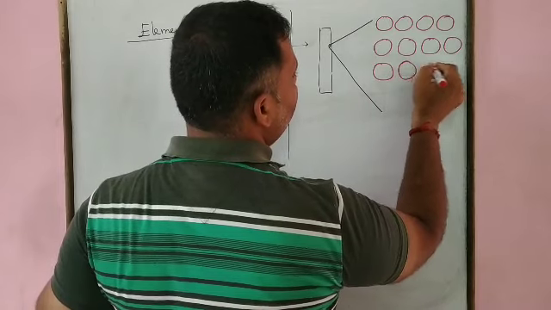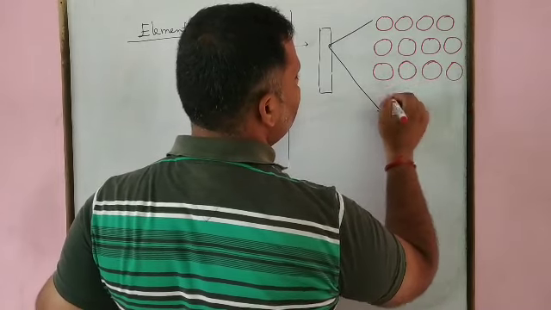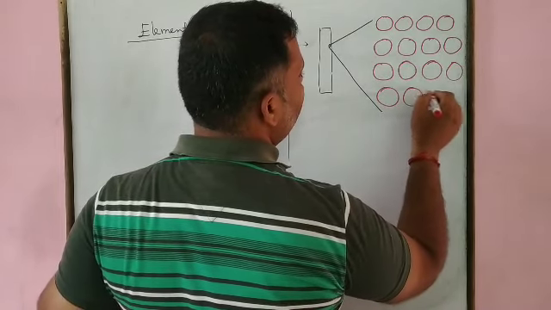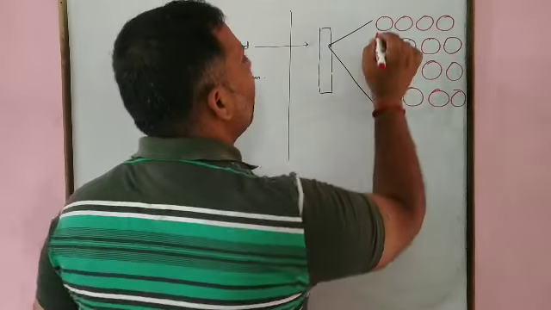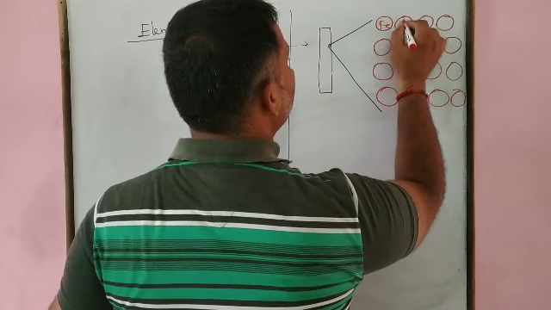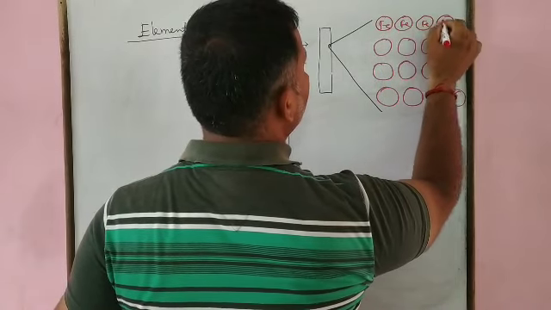On microscopic examination, we observe that this iron rod is made up of only one kind of item, that is Fe, Fe, Fe, Fe.